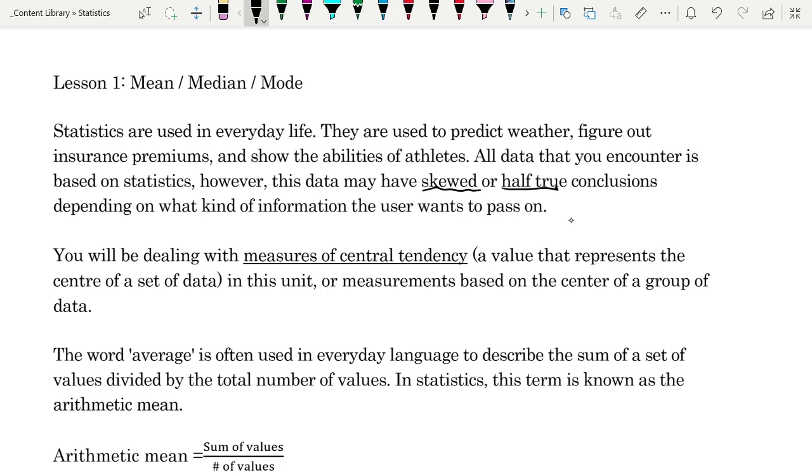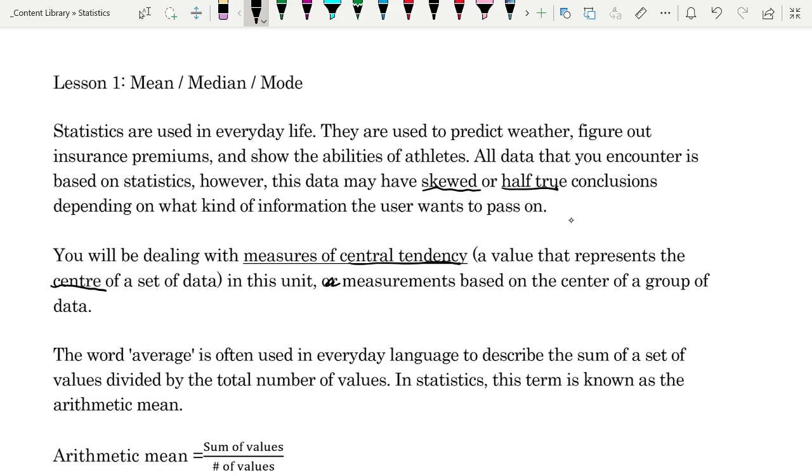You will be dealing with measures of central tendency, a value that represents the center of a set of data, or measurements based on the center of a group of data.